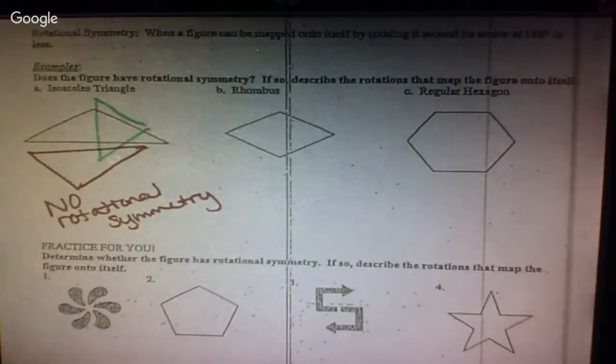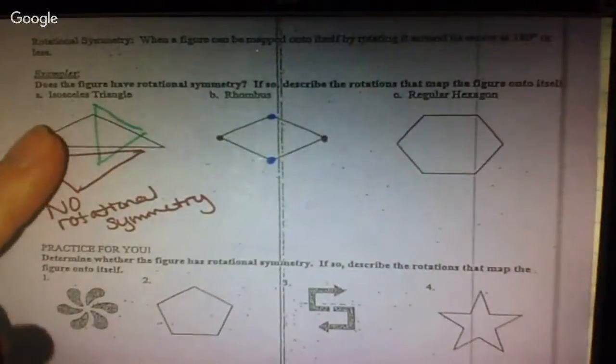If I rotate this 180 degrees, this point becomes this point, and this point becomes this point. So this is a yes. It has 180 degrees rotational symmetry.